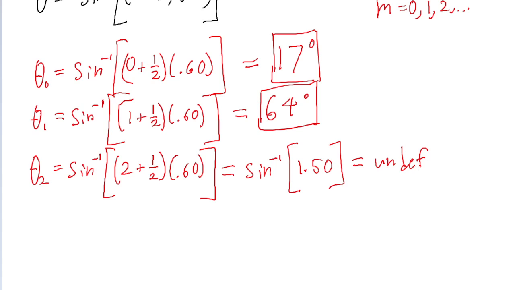So beyond that point, the waves aren't going to reach the position 3 meters away that the problem's asking about. So because the arcsine function does not accept values greater than 1, we don't need to worry about any angles beyond m equals 1.